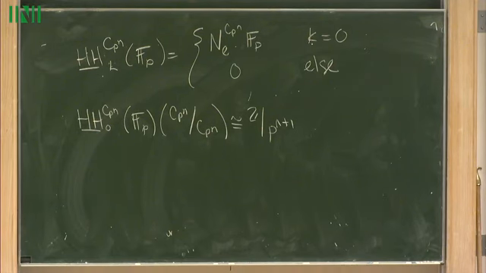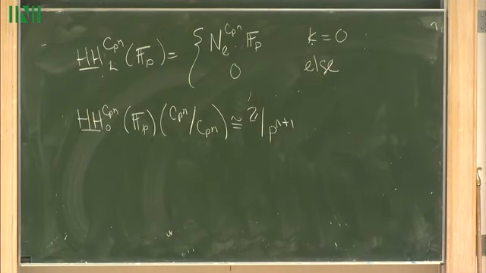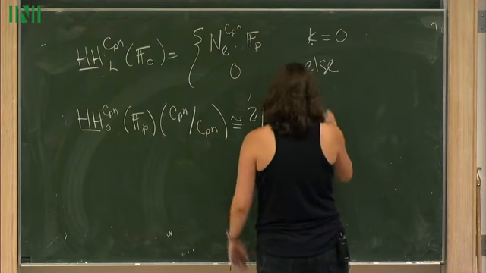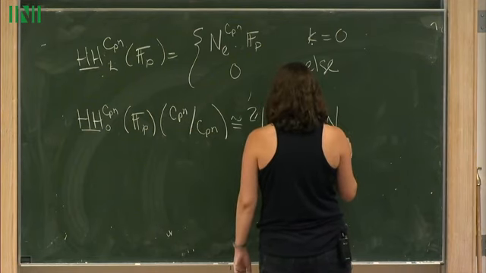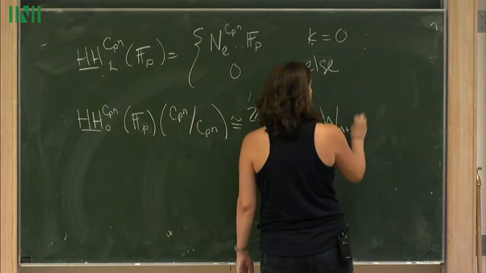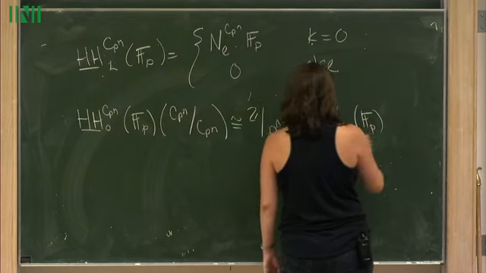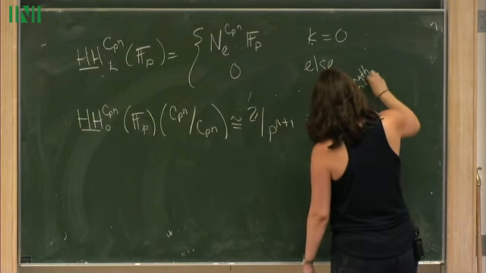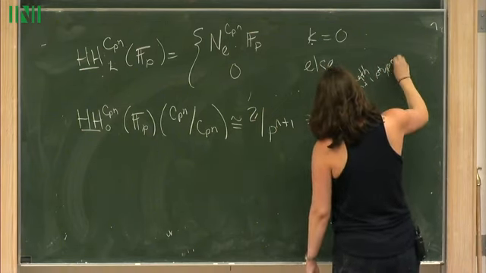And if you're a Witt vector kind of person, this might start to feel really familiar to you. What we're seeing here is actually that this thing is the p-typical Witt vectors of length, I always get this wrong, n plus 1, let's say. I think that's right. So this is length n+1 p-typical Witt vectors.